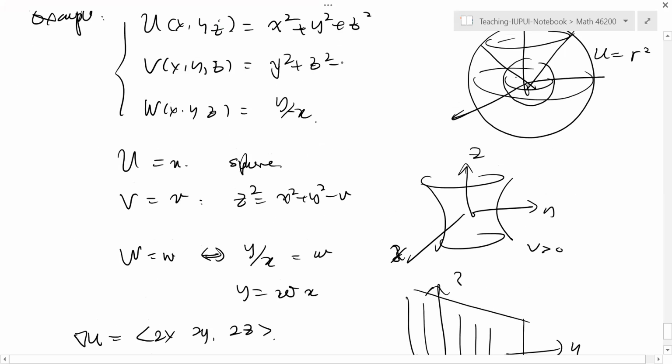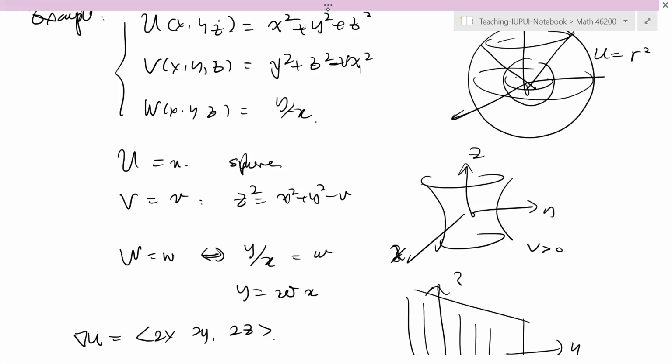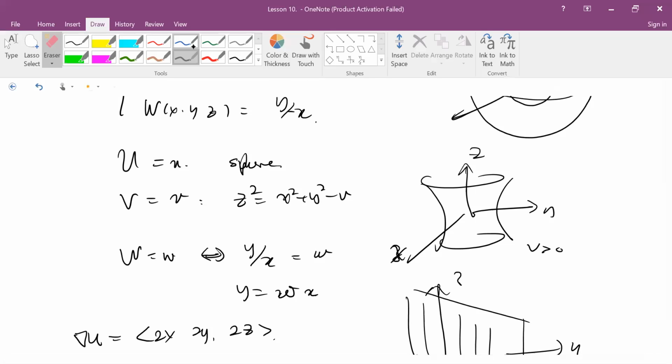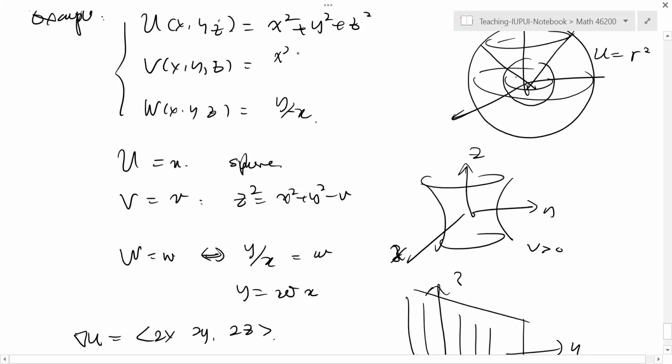I'm going to use x squared plus y squared over z squared, with the constant v here, a family of cones.